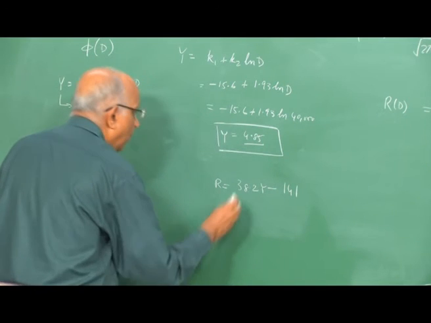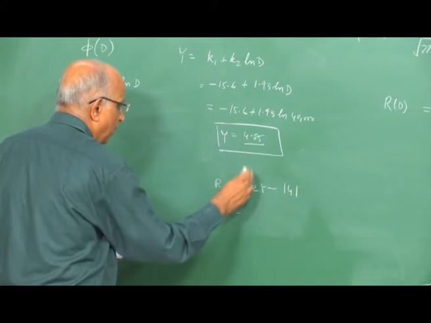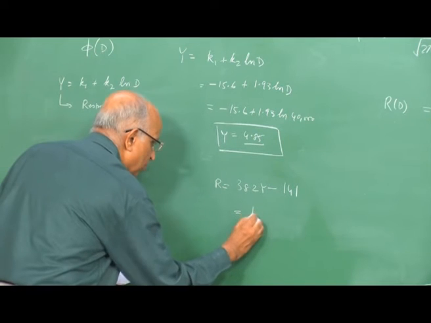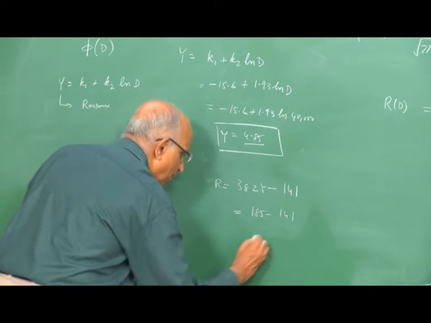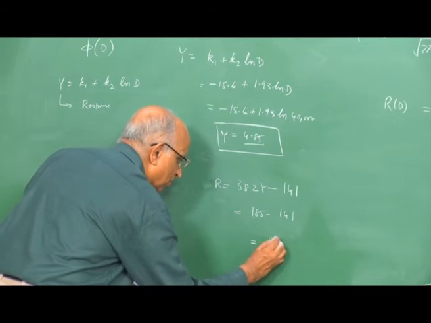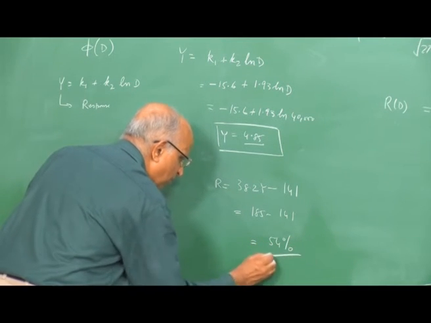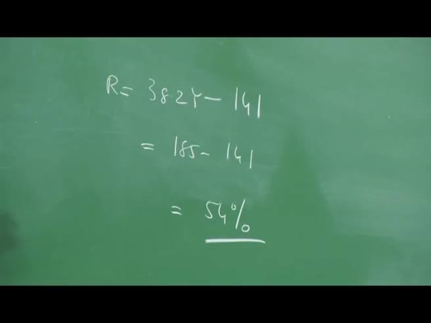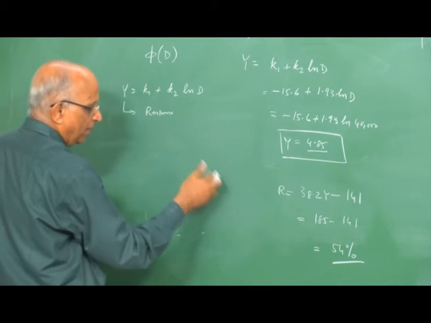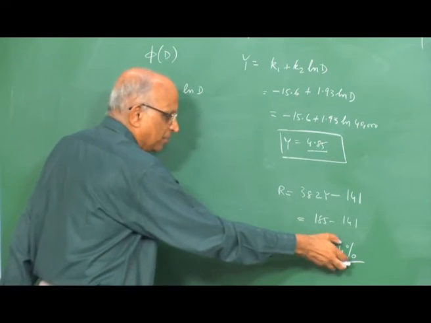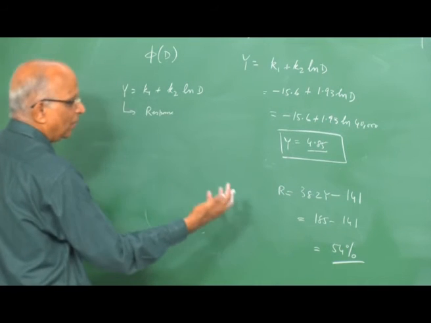With y equal to 4.85, 38.2 into 4.85 gives me 185, minus 141, which is equal to 54%. That is, 54% of the people in this range, wherein the overpressure is 40 kPa, will have their eardrums ruptured. This is the way to use a probit.